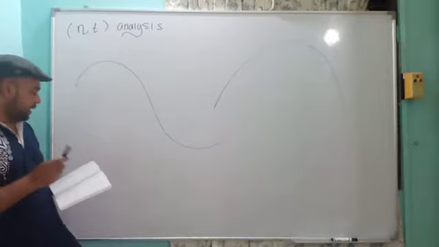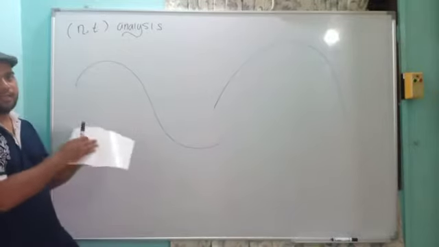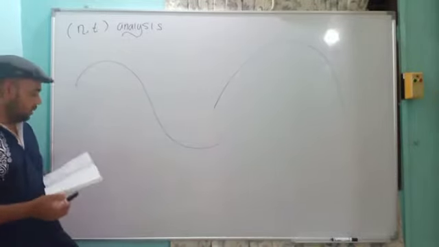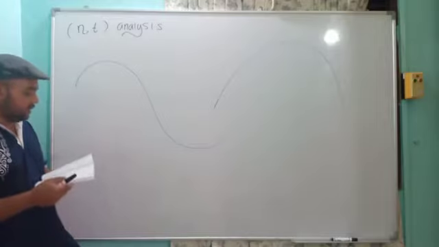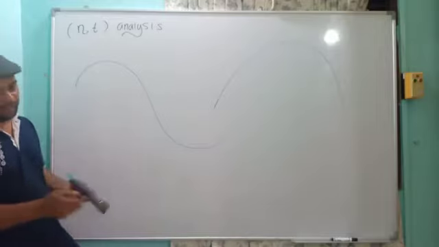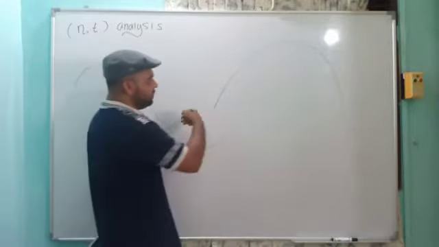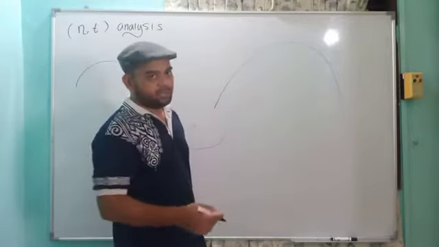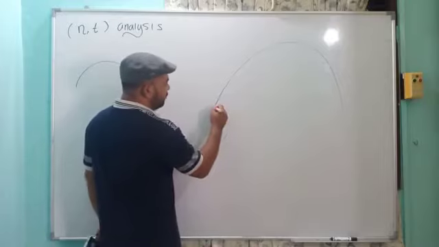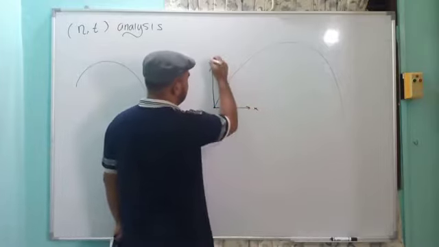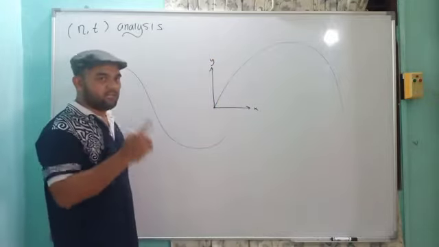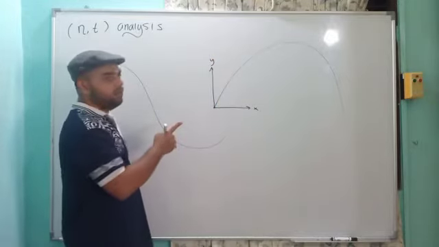As the note in your book says, unlike the XY axis, the NT axis origin is located on the particle. In the projectile example, we set one point as the location for our XY axis, and that point will not move.